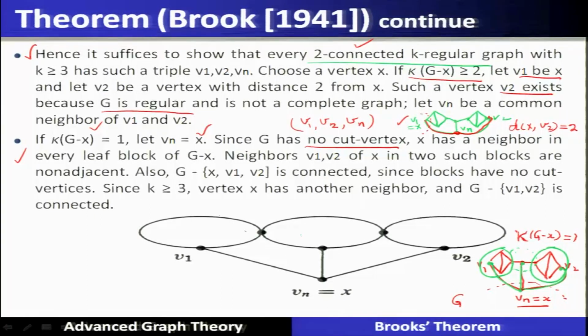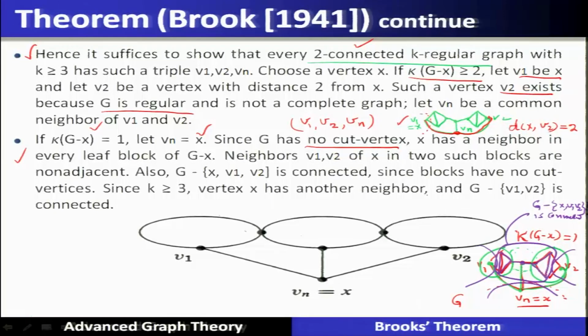Also, G minus x, V1 and V2: that means if we remove V1, V2 and x, the remaining part of this particular graph, which is shown here, G without x, V1 and V2, is connected.